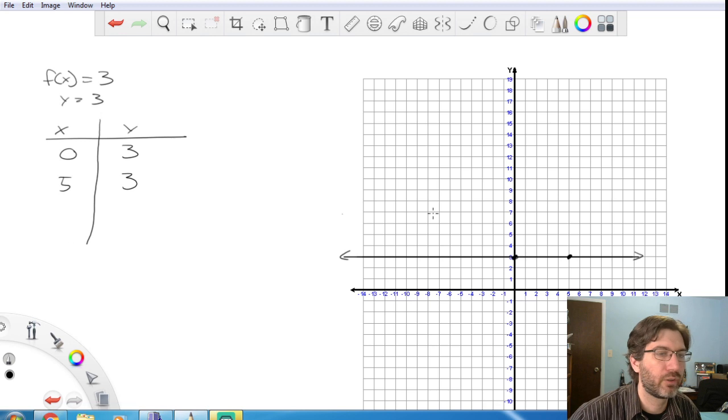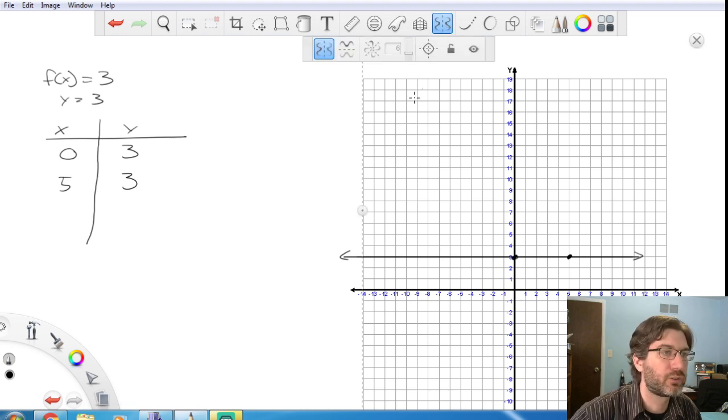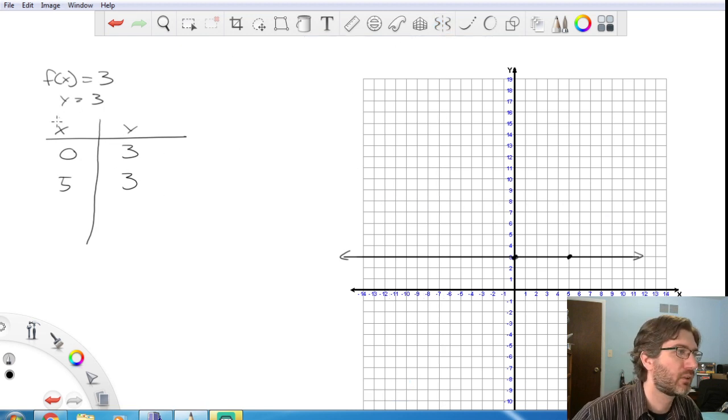And any x value you have is there. And that still passes your vertical line test. You'll see how every time it has the line. That still passes. However, if I switched it up, if I did the inverse of this, which would be x equals 3, it's not going to work. X equals 3 is not a function. In this case, it's a vertical line.